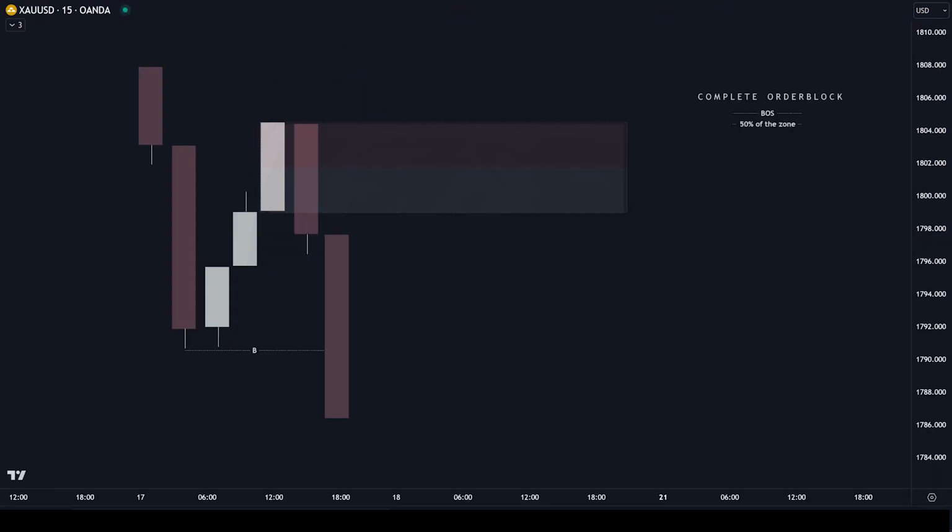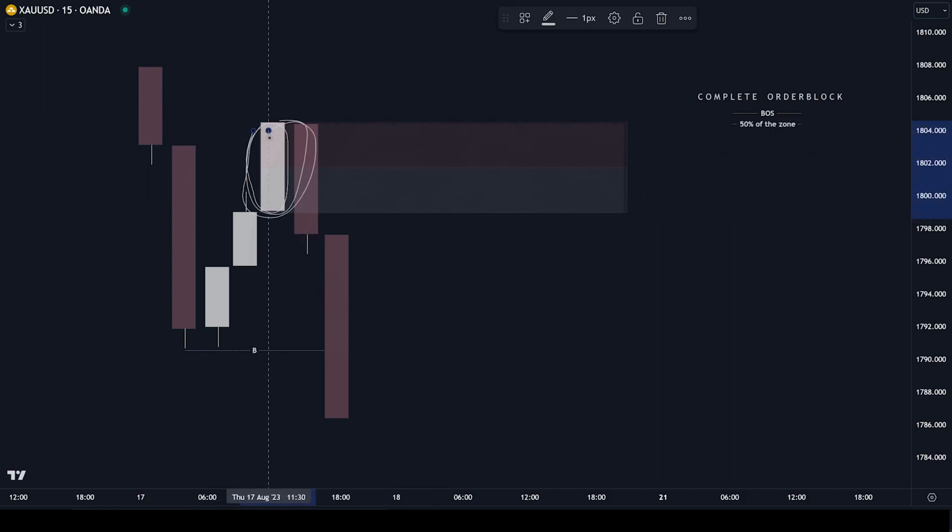The last one will be the complete order block. This one is basically the same as the first one, but here we take the candle before the impulsive move. So if we have a bearish impulsive move, the last bullish candle before the impulsive move will be complete.